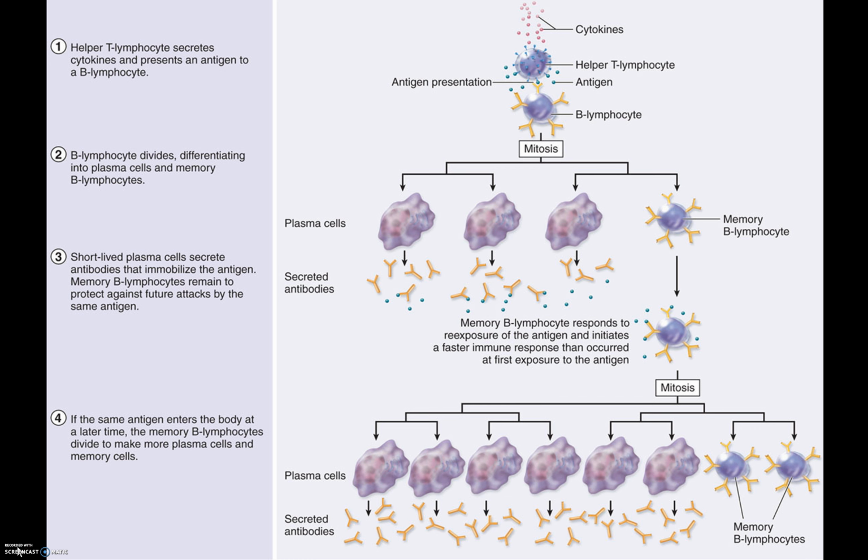And this is the same way that vaccines work in our body. We get a very, very mild dose of the vaccine, which is a dead form of the bacteria or virus, and in response to that, our body produces some memory B lymphocytes which remain present in our body. 10 years, 15 years, 20 years later, when we get that infection, the memory cells immediately fight that antigen without us even getting sick.